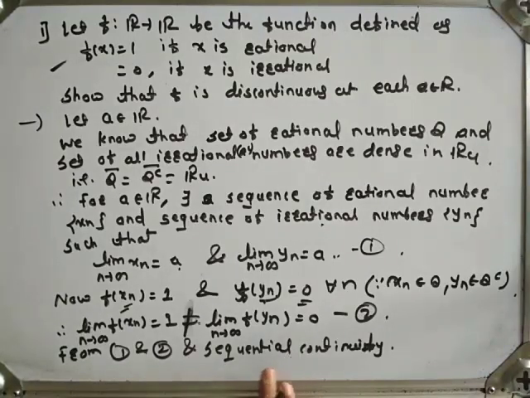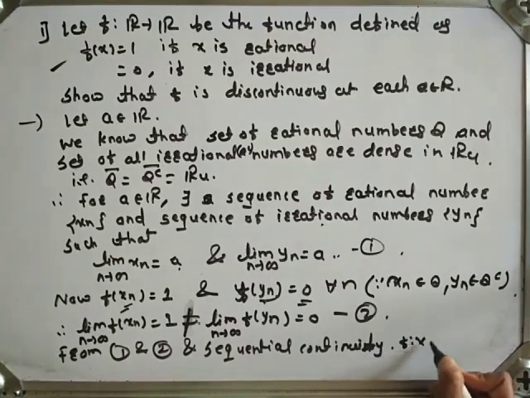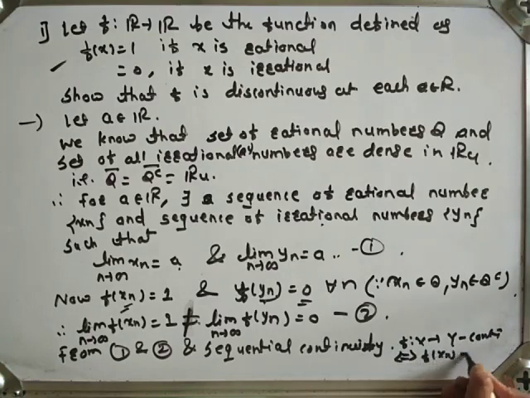We have seen it at the starting of this chapter, and that theorem is nothing but: if f from X to Y is a continuous function, if and only if f of xn converges to f of x0 whenever xn converges to x0.